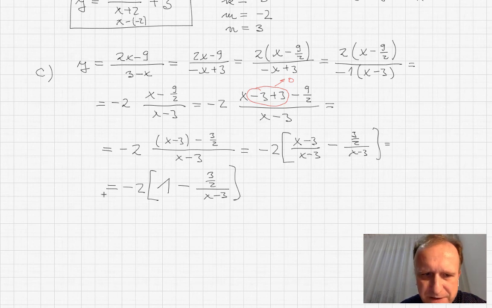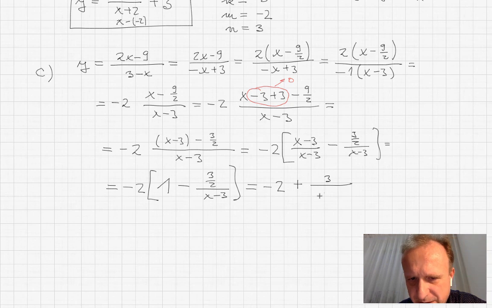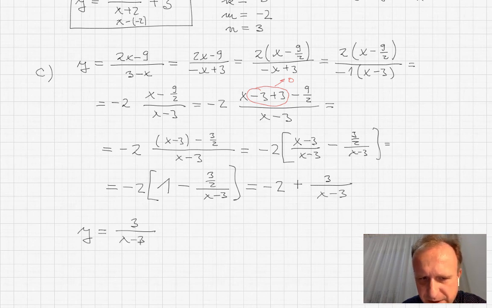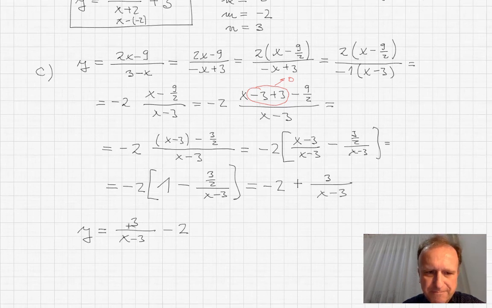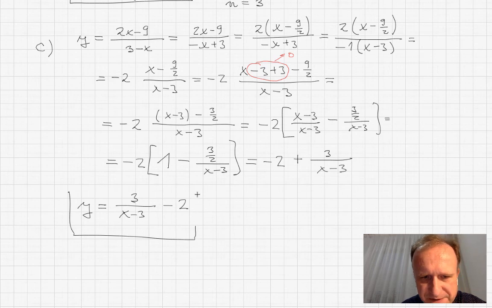Okay, now I multiply back by negative 2, and I get negative 2 plus 3 divided by x minus 3, because when you multiply by 2, the fraction 3 halves changes to just 3. Okay, so the function f can be expressed as y equals 3 over x minus 3 minus 2. Okay, so this should be the answer.